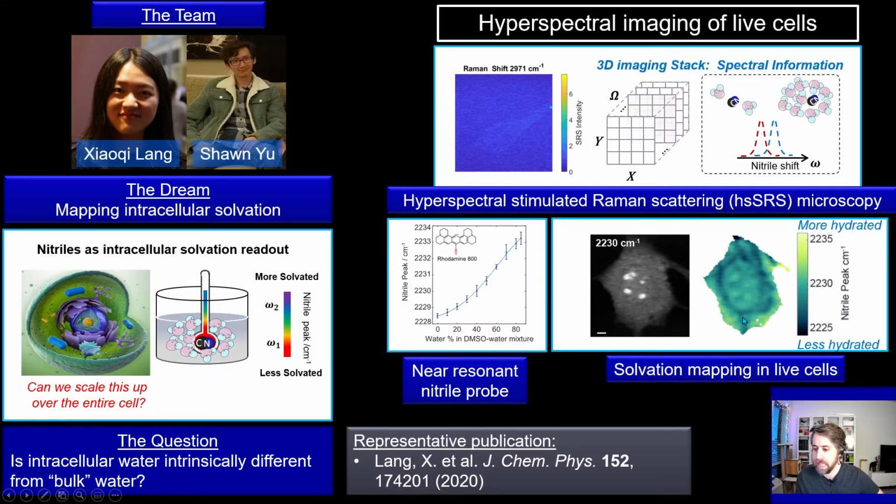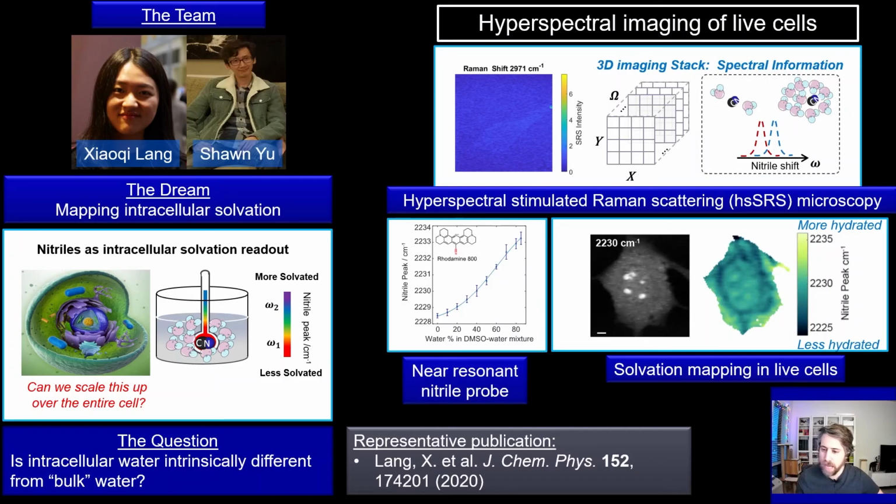So we can actually see that the solvation within the cell is much different. And this just indicates exactly how complicated the cellular interior is and how important it is to do our single molecule experiments in this context.